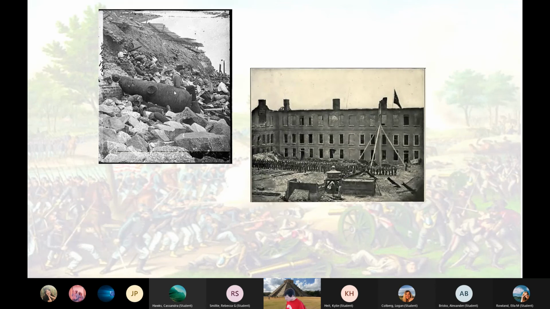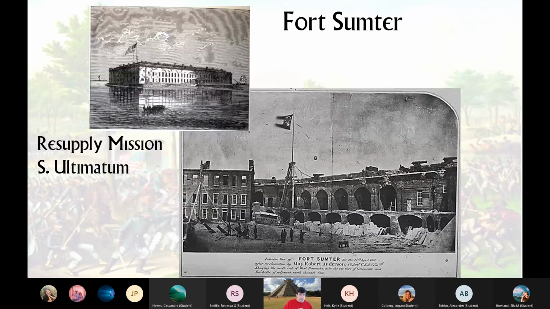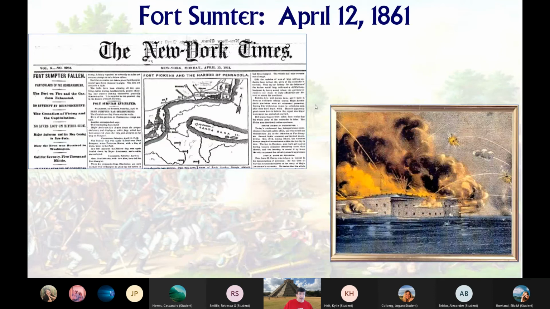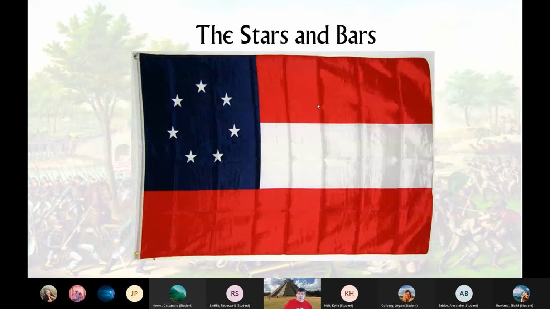So Sumter fell. They played a song called My Bonnie Blue Flag, but you can see here, and let me go back just a little bit, right here. That is the Confederate flag. And they decided to go with this. This is a new version of the Confederate flag.